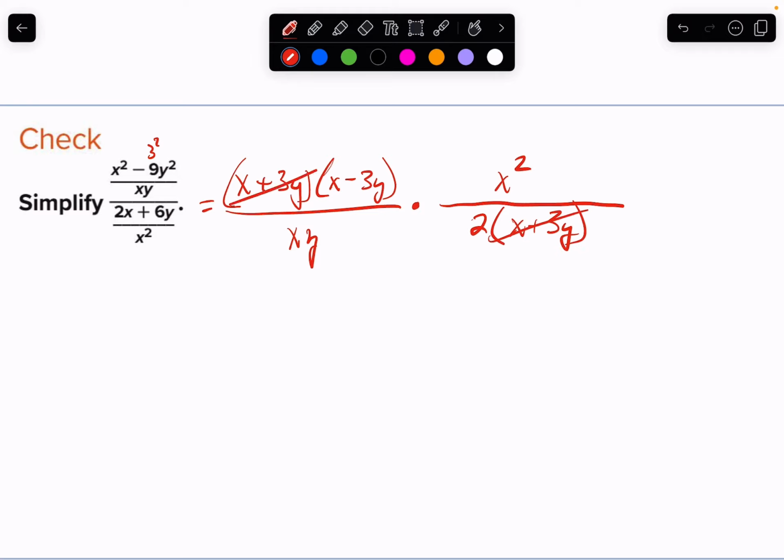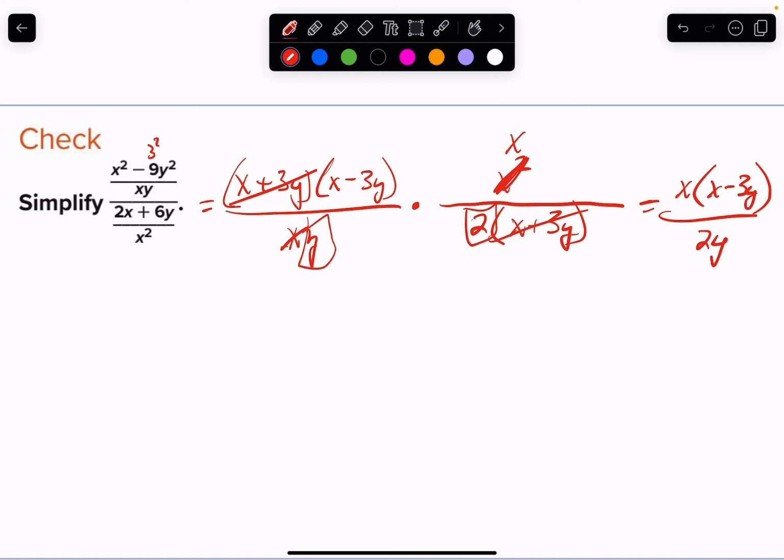X plus 3y's go. That x cancels this down to just an x. And I've got x times x minus 3y over, I got a 2 and I got a y, so 2y. And since it's double variable, you don't really have to put the domain part on it, just simplifying that piece.